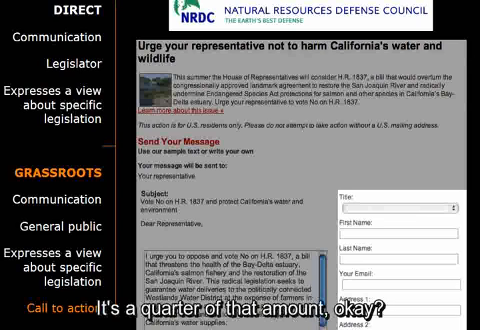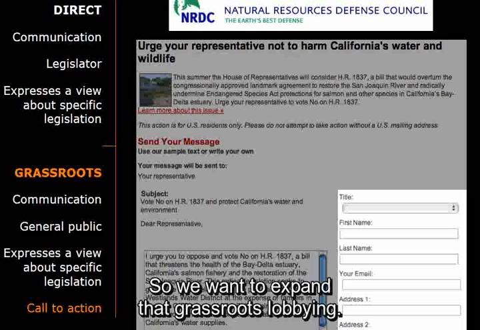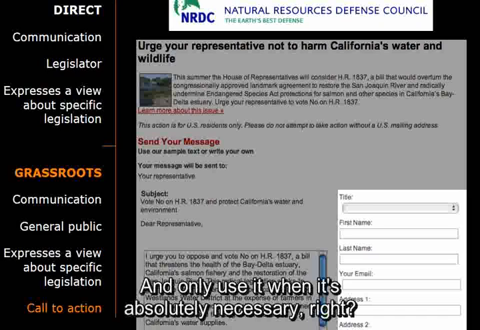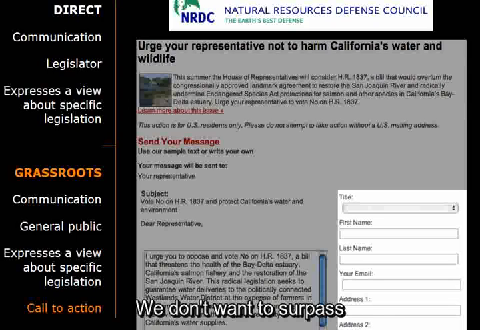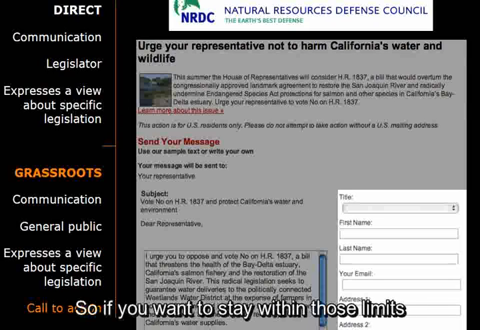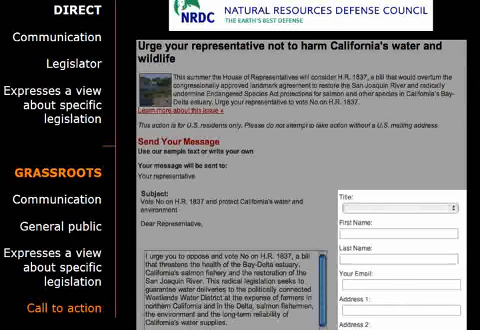So it's a quarter of that amount, okay? So we want to use that grassroots lobbying limit only when it's absolutely necessary, right? Because we can spend less on that. We don't want to surpass our lobbying limit. So we want to stay within those limits. So we'll talk about ways to do that later.